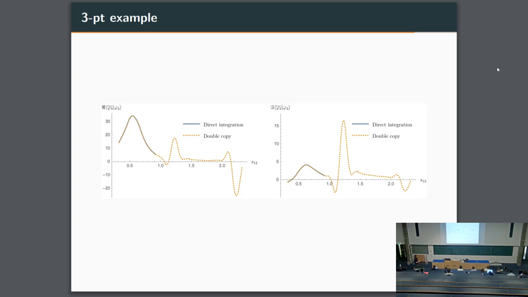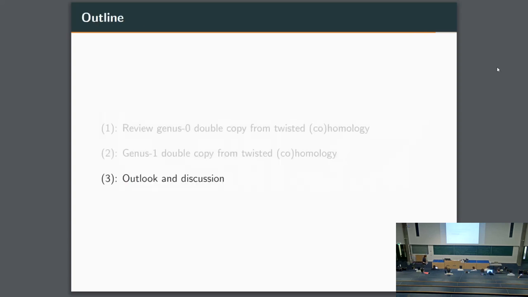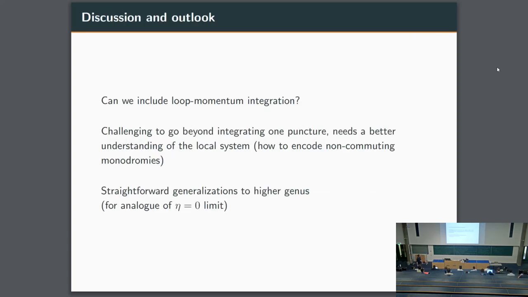And as you can see, they definitely agree to a very high precision. Okay, so that's it. We wanted to demonstrate that twisted cohomology gives us a good way, or at least some way, of trying to tackle this higher genus double copy problem. We can just take these Riemann bilinear relations and use them.